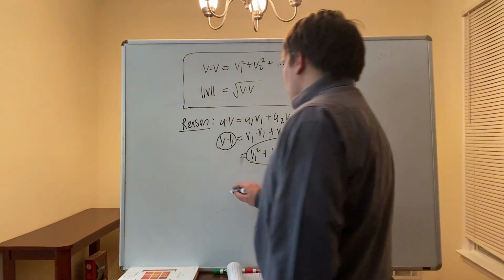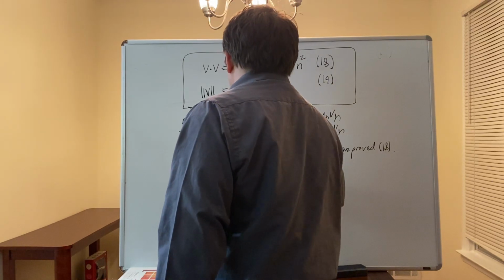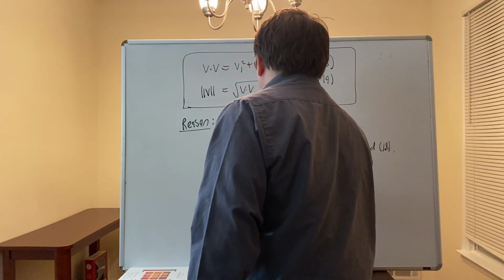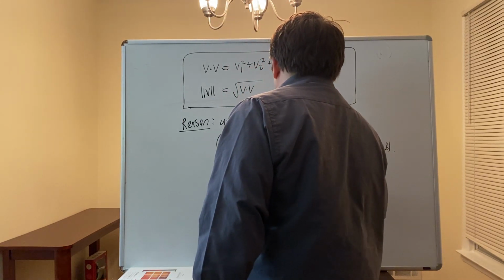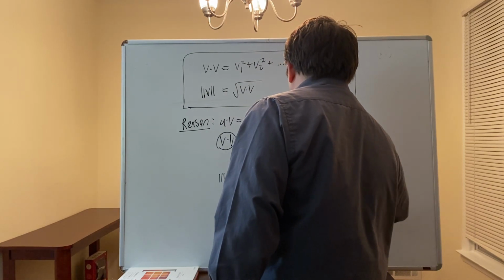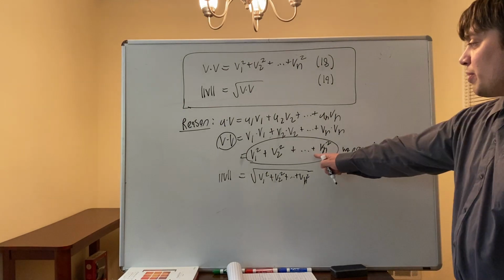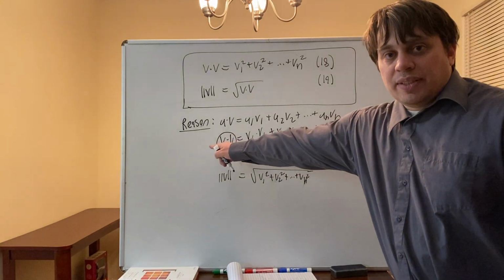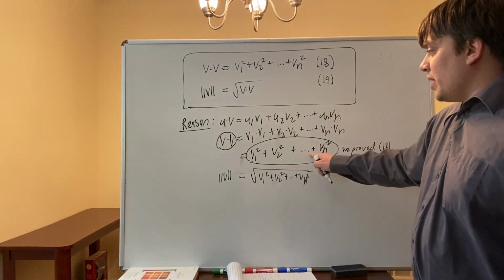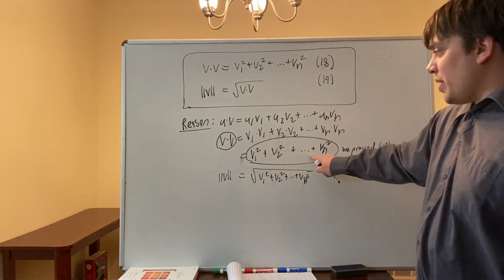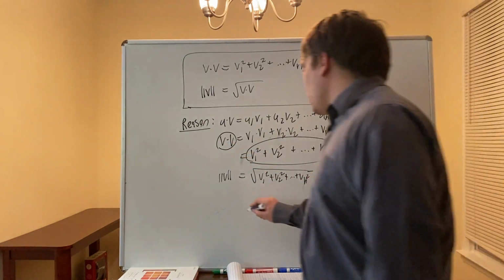Now, if you take the norm of v, by definition, that's the square root of v1 squared plus v2 squared plus dot dot dot plus vn squared. But the sum of the squares here I just said is v dot v from the last thing, right? This thing I circled, v dot v, is equal to that thing I circled, the sum of the squares of the components of v.